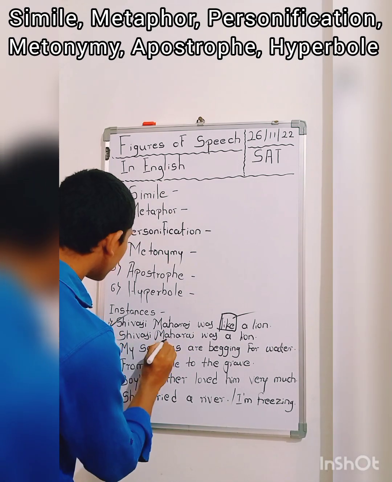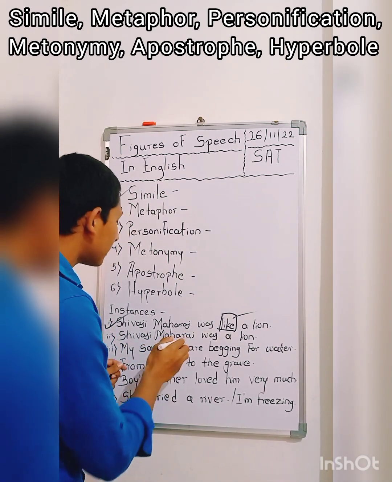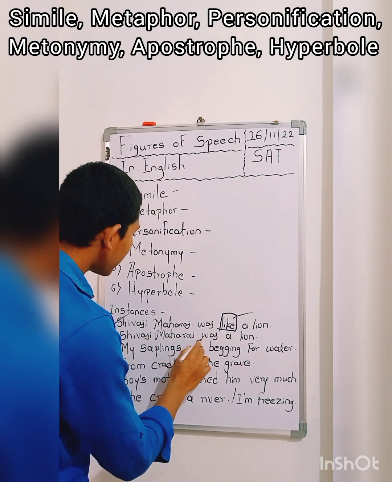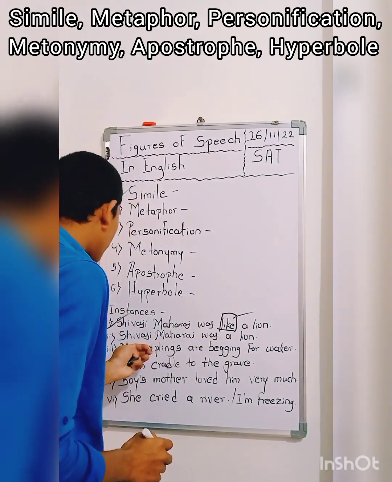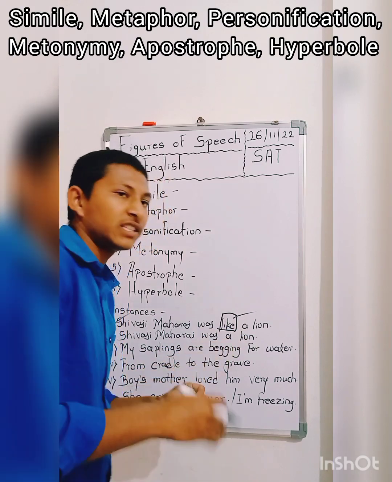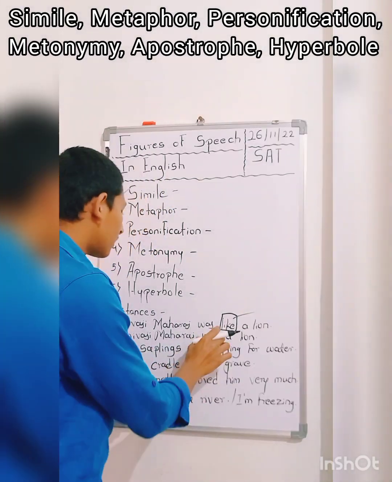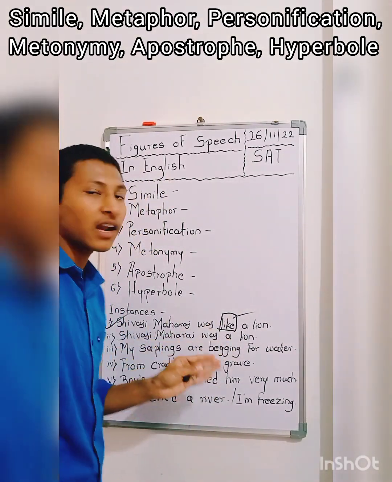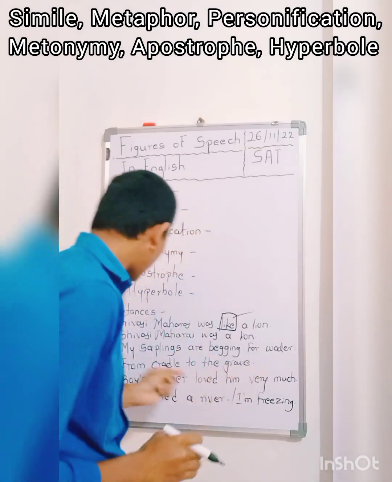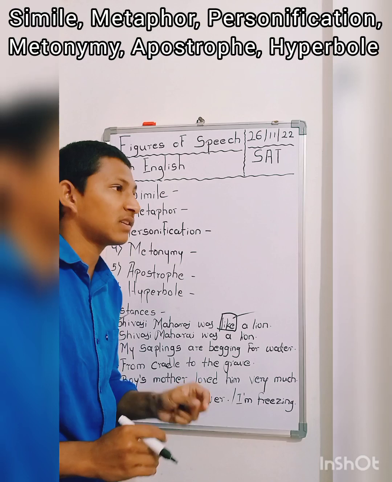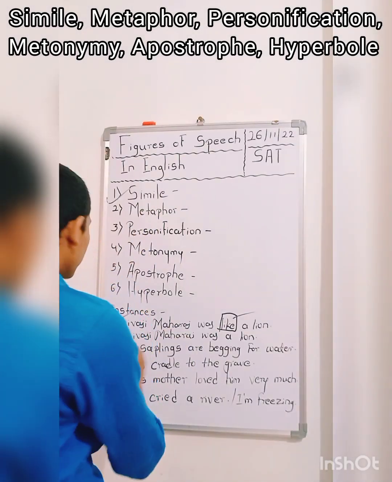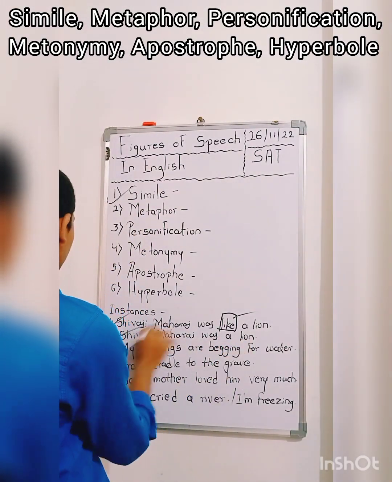But in the second example, we directly connected the lion to Shivaji Maharaj. Why? Because Shivaji Maharaj was a very brave and clever king at that time in Maharashtra, so we have given him that title.